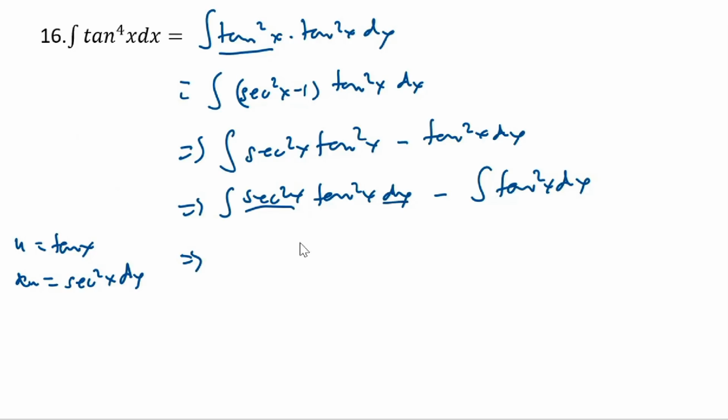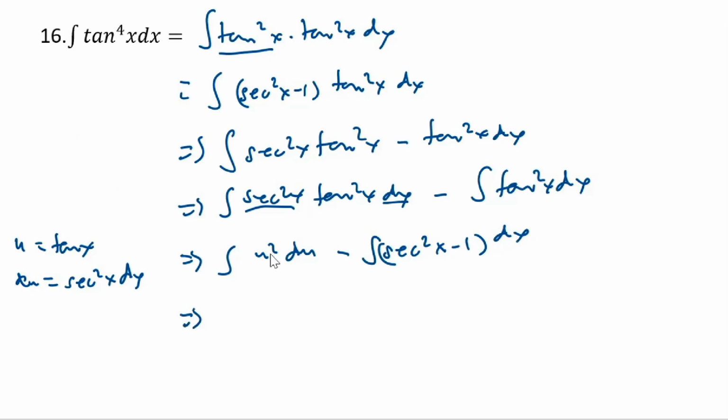We're rewriting the given now, so we can write u squared du minus, for the second term, the integral of tangent squared x dx. We are going now to use the identity, so we have secant squared x minus 1 dx.